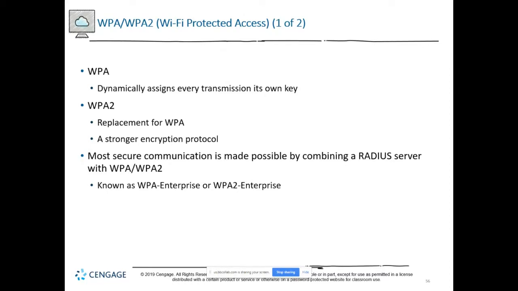And so most wireless is going to use WPA2 or WPA2 Enterprise, which is our lab. We enable a RADIUS solution where it actually goes and authenticates to a server. If you're not in the list on the server, you don't get access onto the network. So that's an even more secure solution.